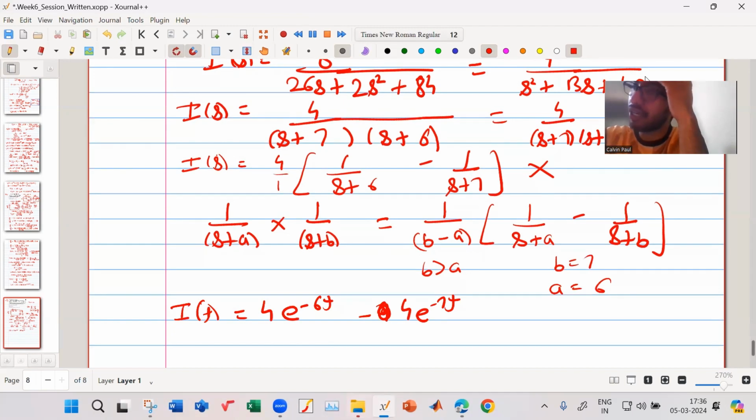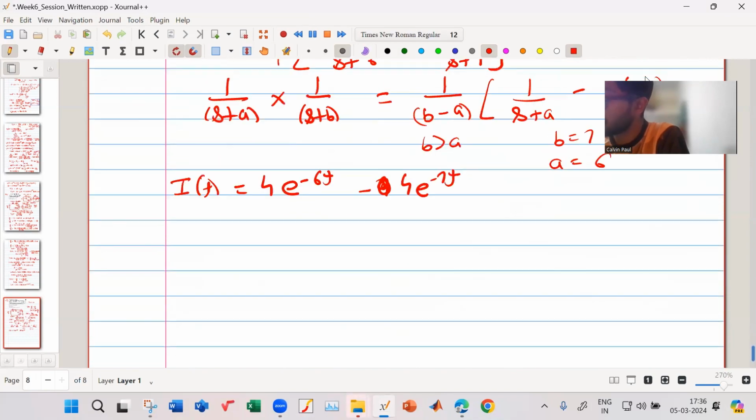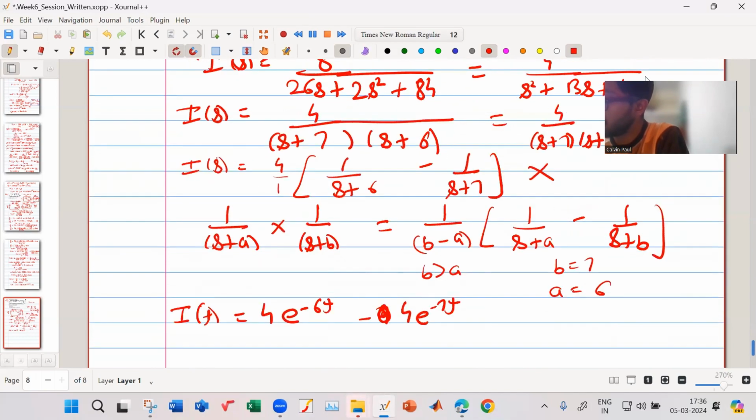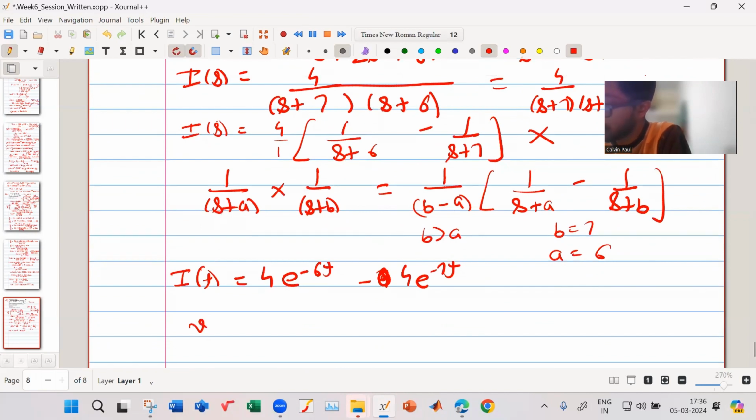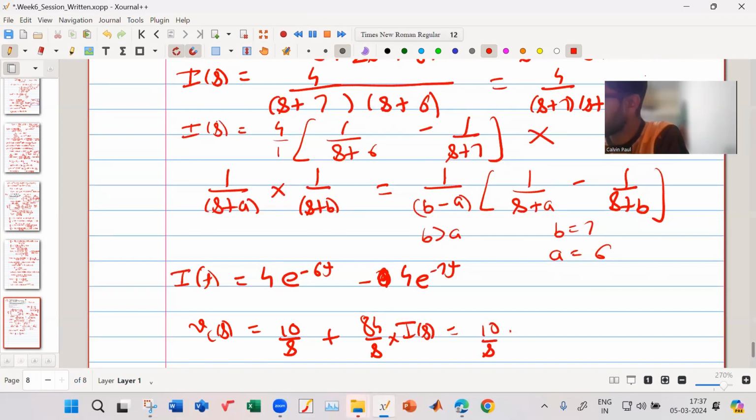Now I need to find the voltage across the capacitor. So how will we find that? I have to find the voltage across the capacitor, and this is my current I of S. So my VC of S is equal to 10 by S plus 84 by S into I of S. What is I of S?